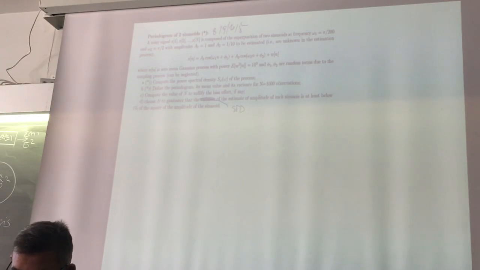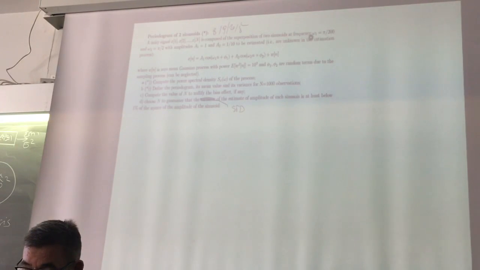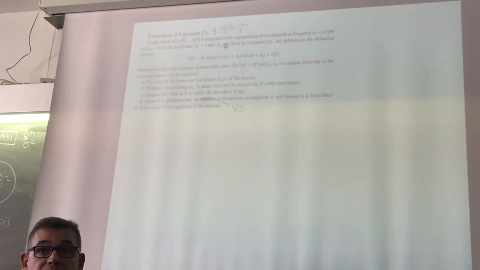We are on periodogram. So let's read it. I have a noisy signal, which is composed by a superposition of two sinusoids. One at the frequency of pi divided by 200, and the other is pi divided by 2, with amplitude A1 equal to 1 and A2 equal to 110, to be estimated, which means they are unknown in the estimation process, so I don't know A1 and A2.